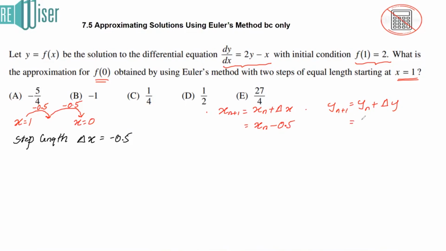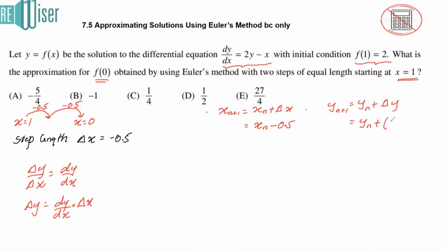And y_(n+1) would be y_n plus change in y. So you need to know this: change in y over change in x is the same as dy by dx. So change in y we can also say as dy by dx multiplied by change in x.